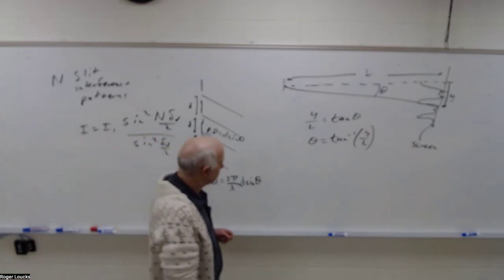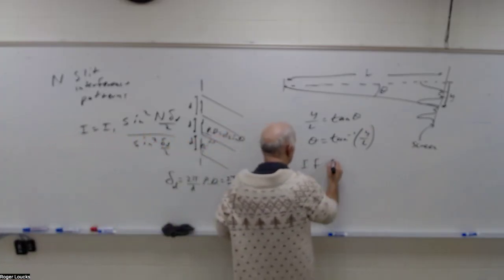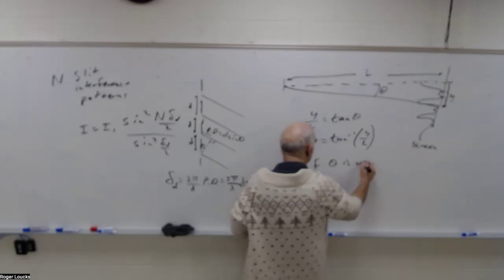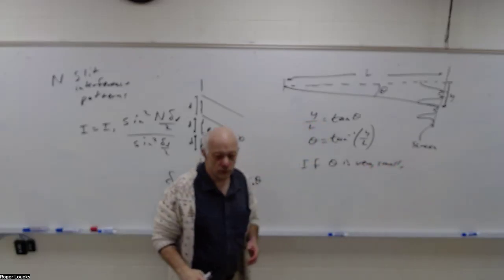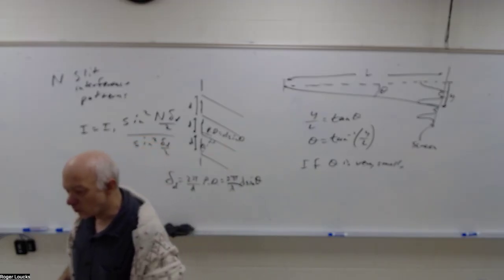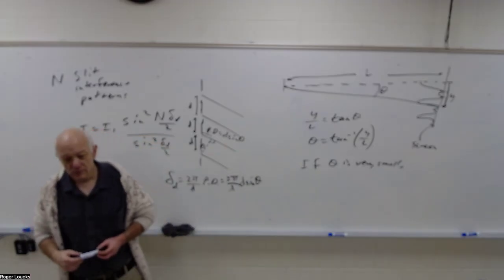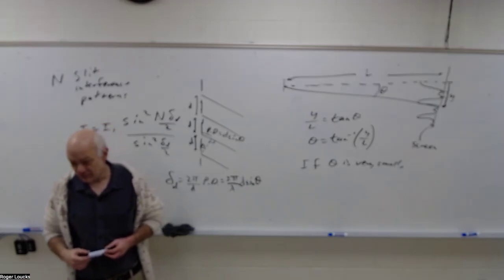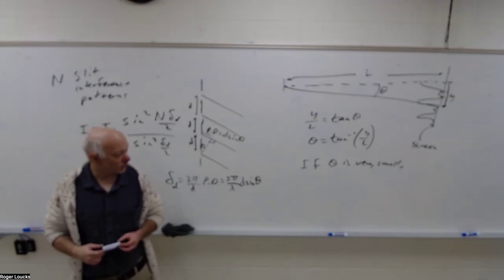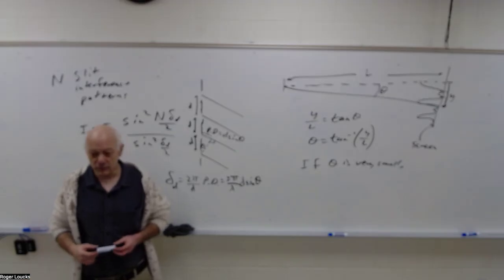Now, if theta is very small, what can you do? As soon as you hear the words very small, what does that make you think of? The Taylor expansion. So what is the Taylor expansion of a tangent?